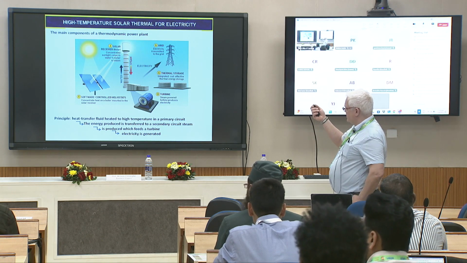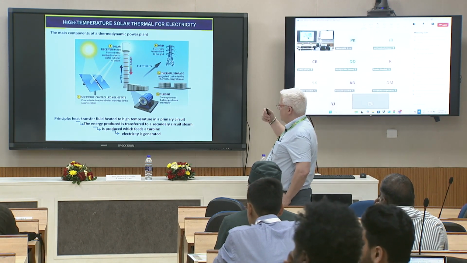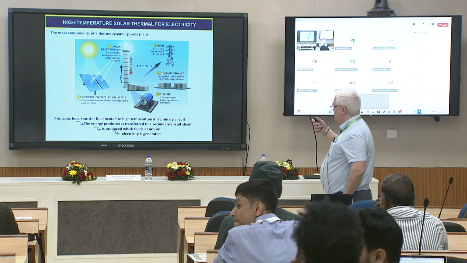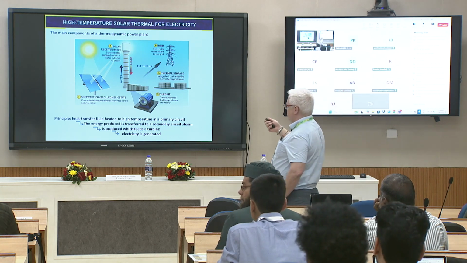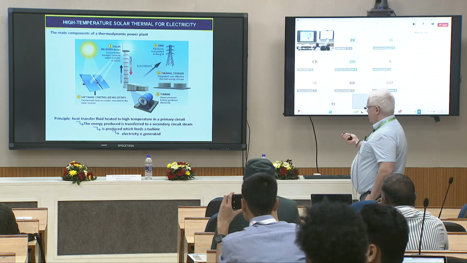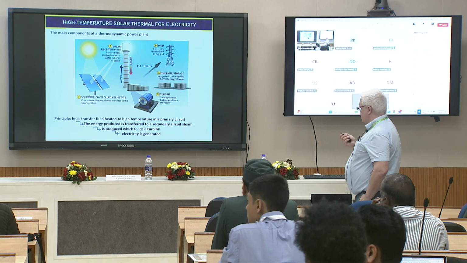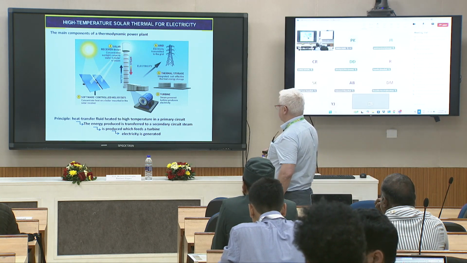For such a tower, it's generally not directly steam now, it's more air at high pressure and high temperature. Then there is a heat exchanger which allows you to generate water steam. You have a steam power turbine, and injection on the grid.